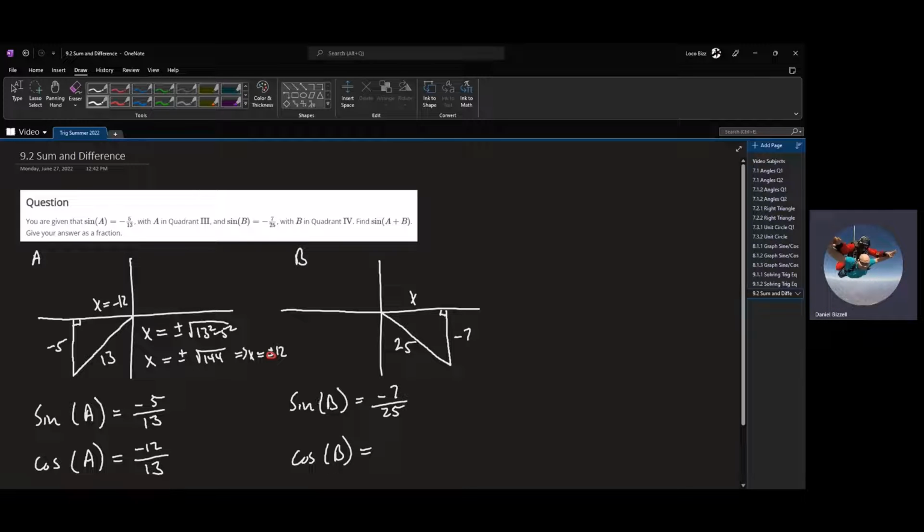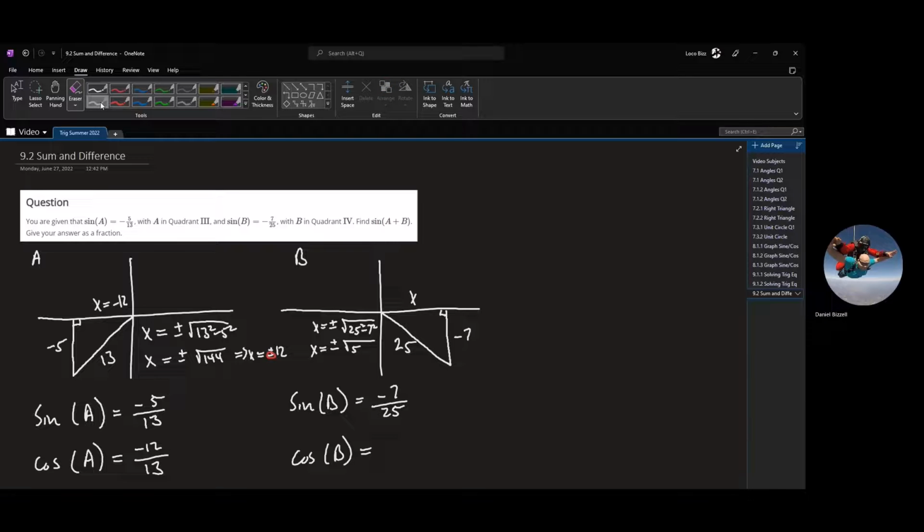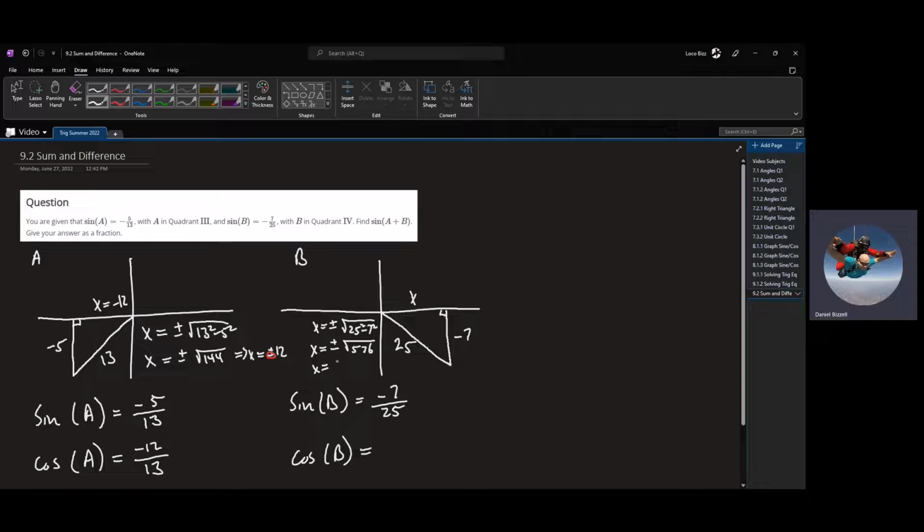Now we need to do the same thing for this side. So for this side, we get x is equal to plus or minus the square root of 25 squared minus 7 squared, which gives us x is equal to plus or minus the square root of 576, which means x is equal to plus or minus 24.